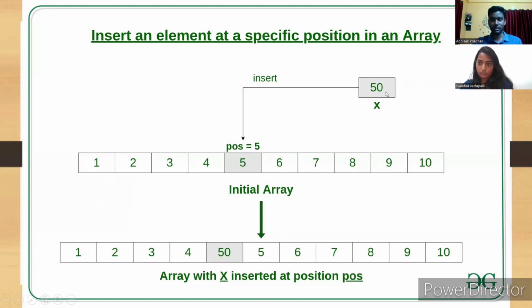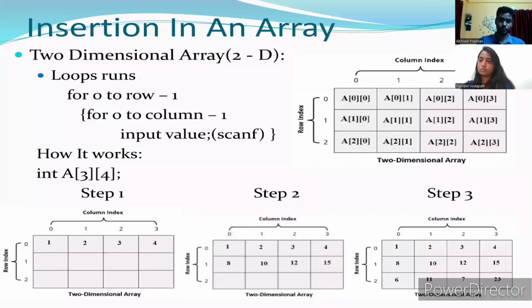Reason being, the value 5 will be completely lost if I replace it. So I'm moving all the elements from 5 to 10 to the index plus 1 position, the next consecutive neighboring index. And I'm replacing that position with my value. So this is how you can insert an element in a specific position in an array.